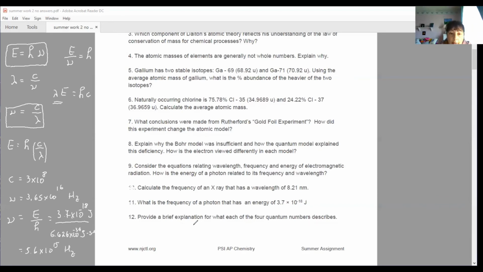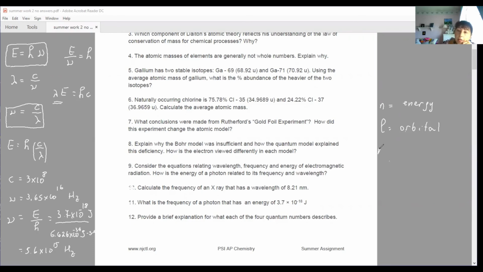Number 12, provide a brief explanation of what each of the 4 quantum numbers describes. So n is the energy level where the electron is. Then you have the number l, which is the particular orbital in which the electron is.